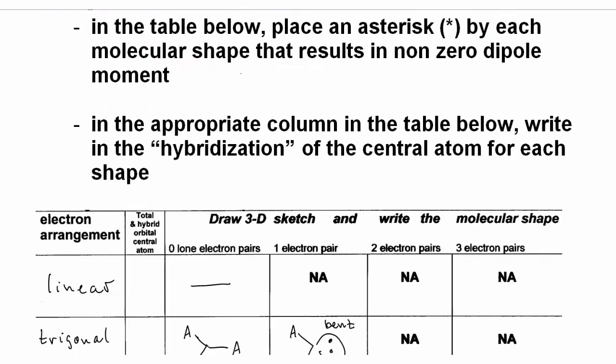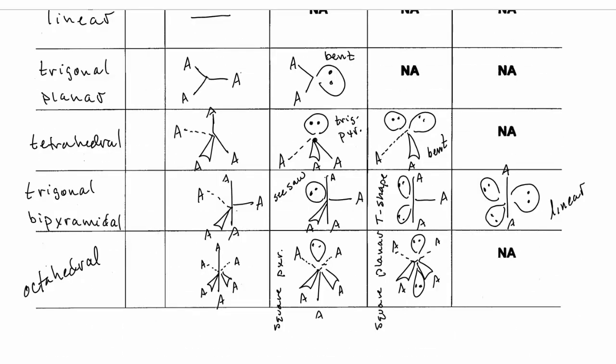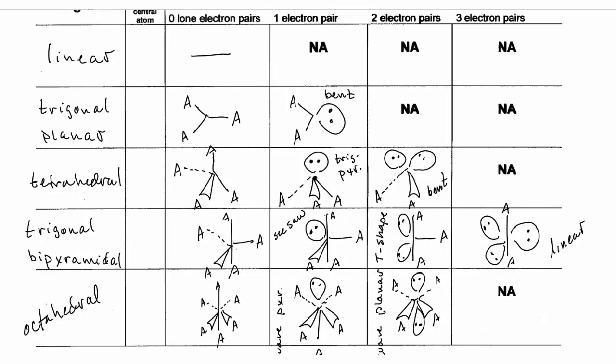So in the table below, place an asterisk by each molecular shape that results in a non-zero dipole moment. So put that star by every structure that's going to give you a polar molecule. Now, for all of these molecular shapes, they're all completely symmetric. So the dipole moments of each bond cancel out every single time.